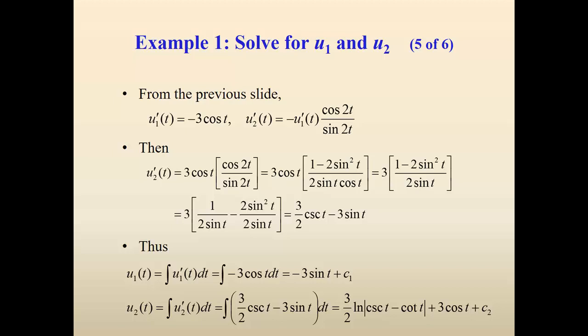Well, I now know what u1 prime is equal to as a function, and I know what u2 prime as a function looks like. Integrate both of them. u1 is negative 3 sine of t plus a constant. u2 is equal to 3/2 natural log of cosecant of t minus cotangent of t plus 3 cosine of t plus a constant.